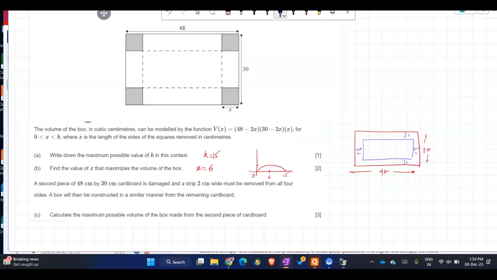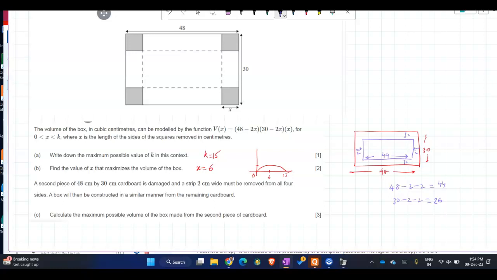So what is now the new length of the cardboard? 48 minus 2 minus 2, you're removing from both sides, so that would be 44. And this is 30, removing 2 and 2 from both sides, so how much is that? 26. So 44 and 26.